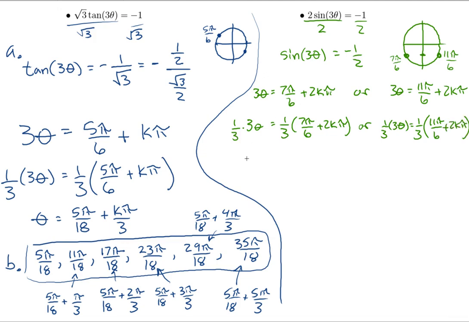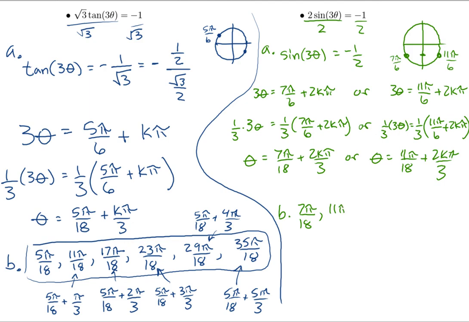All right, so we have theta equals 7 pi over 18 plus 2k pi over 3, or theta equals 11 pi over 18 plus 2k pi over 3. And then we play the same sort of game we did in the last one for part B, right? So of course we have 7 pi over 18 and 11 pi over 18 when k is 0, all right?